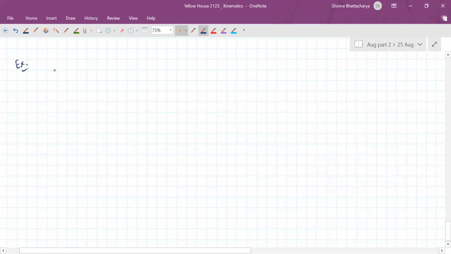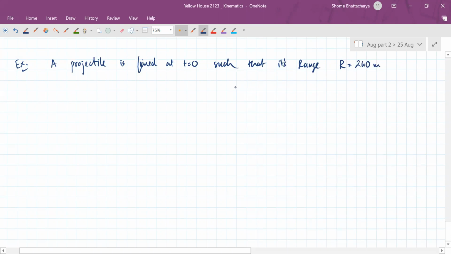Suppose we have this situation: a projectile is fired at t equal to 0 such that its range r is equal to, let us say, 240 meters, and the maximum height reached is h equal to, let us say, 45 meters.